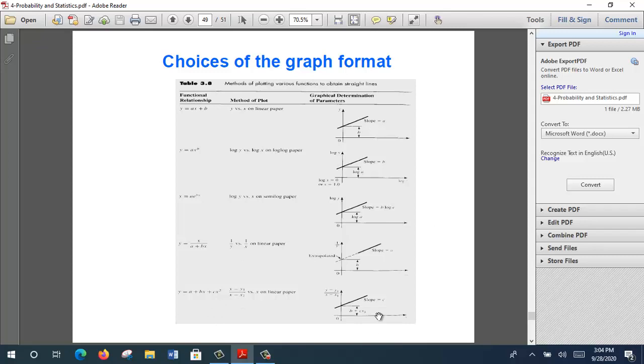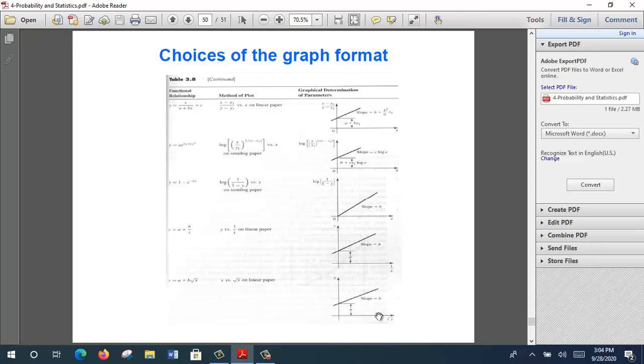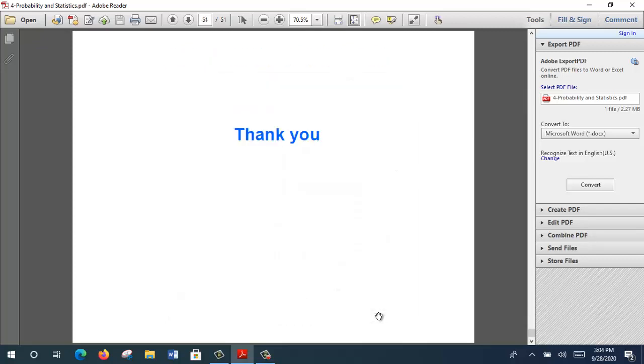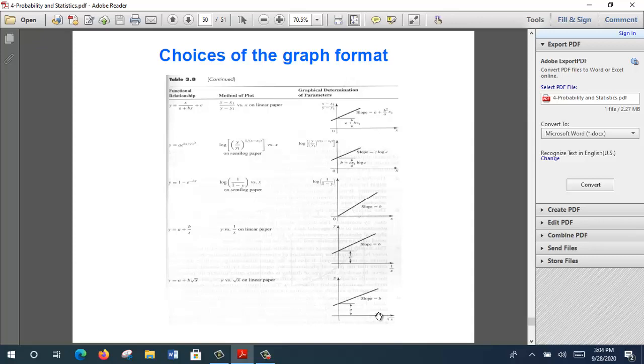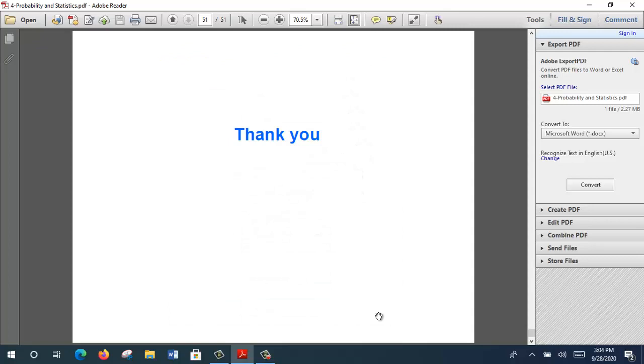It depends on the conditions and on the situation of your collected data. You can try to have a look on your own and compare different functions of the graph with respect to the difference of the parameters in the graphical methods. I think that's all for topic 4 for you guys.